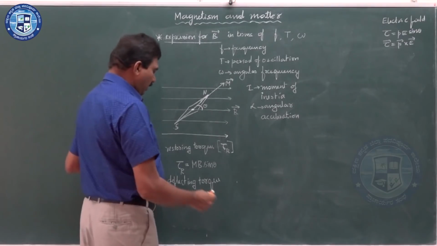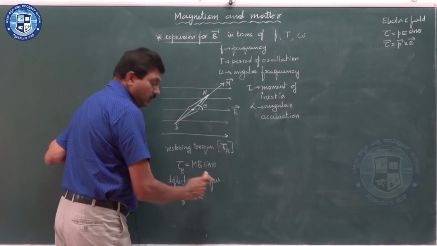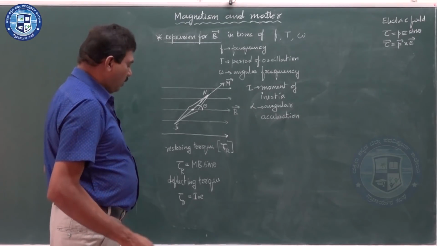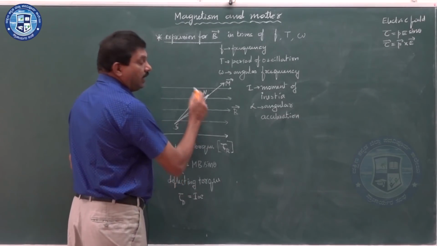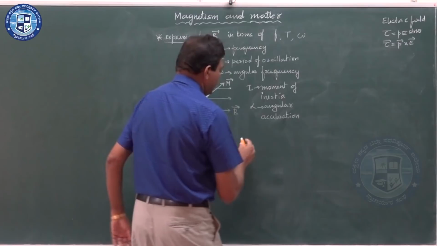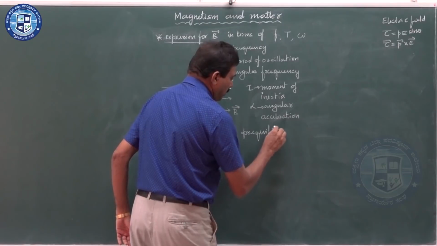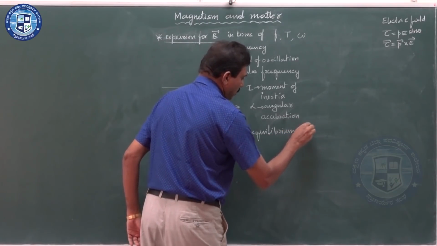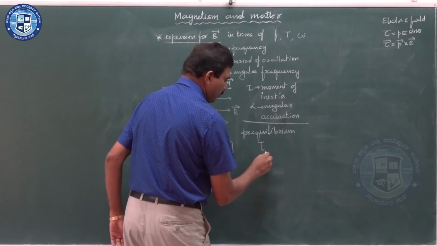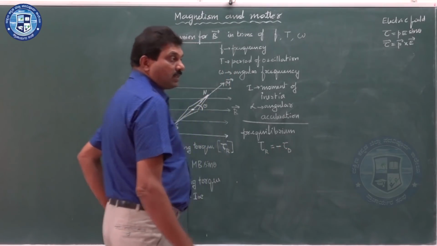Okay. Now, we can observe this restoring torque and deflecting torque, they are equal and opposite. If they are equal and opposite, then what happens? Then the needle comes to equilibrium. Therefore, you will consider that case like this. For equilibrium, the restoring torque is equal to minus deflecting torque.